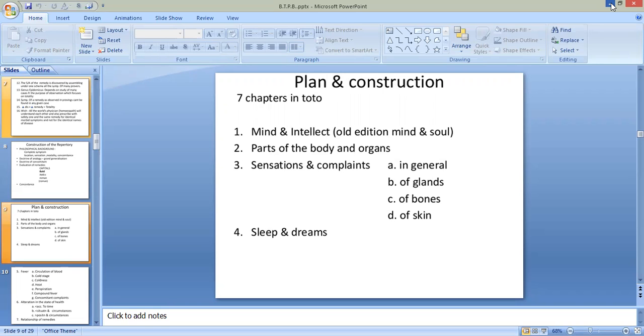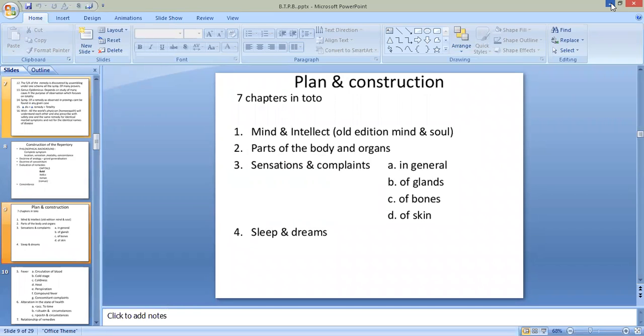Then we discuss the plan and construction of this BTPB. As I told you, there are a total of 7 chapters, or 7 sections, in this repertory. During construction of this repertory, Dr. Boenninghausen followed the criteria which were given by Dr. Hahnemann.